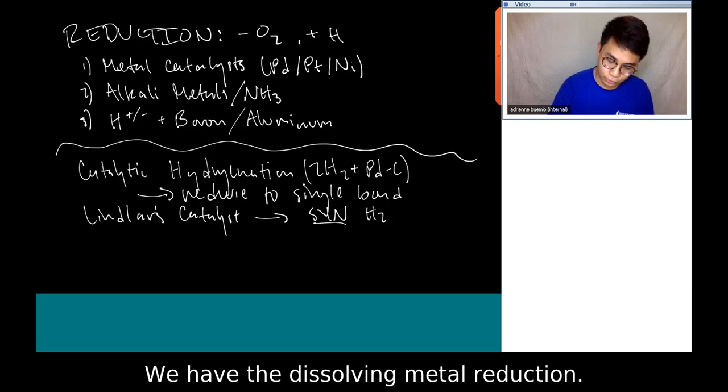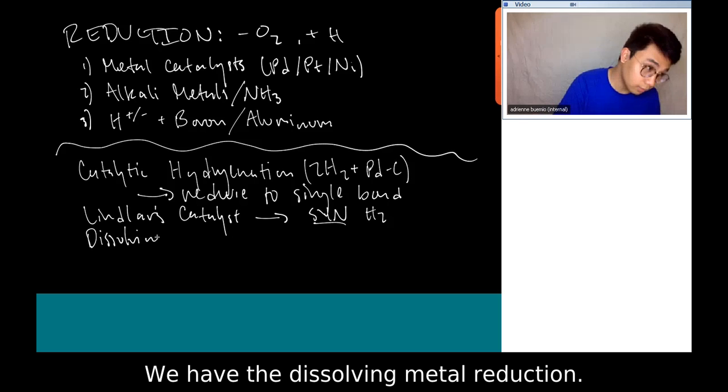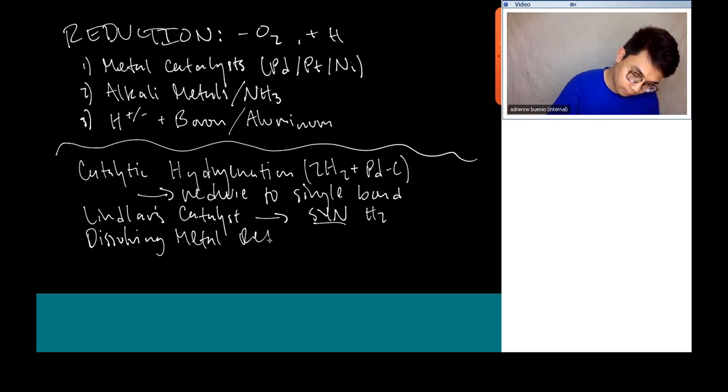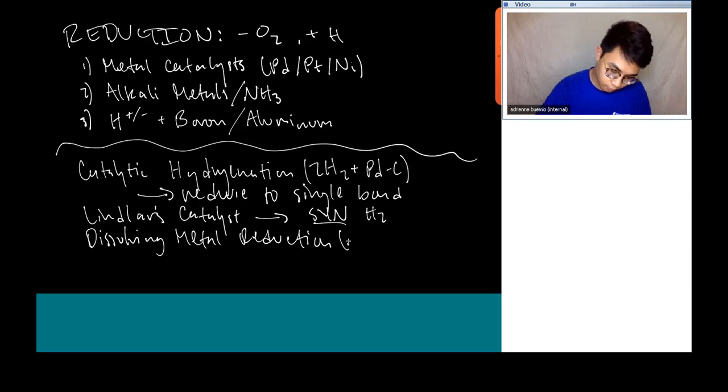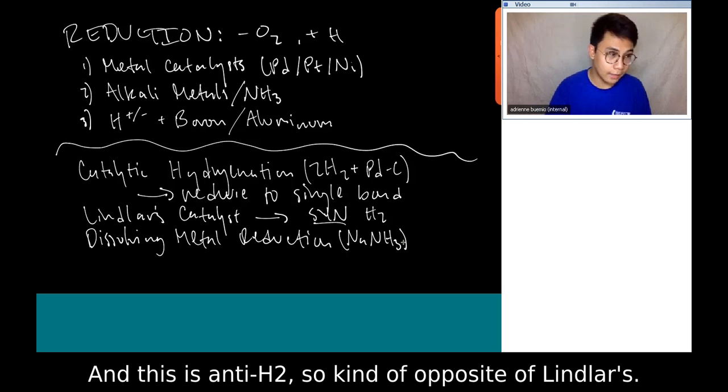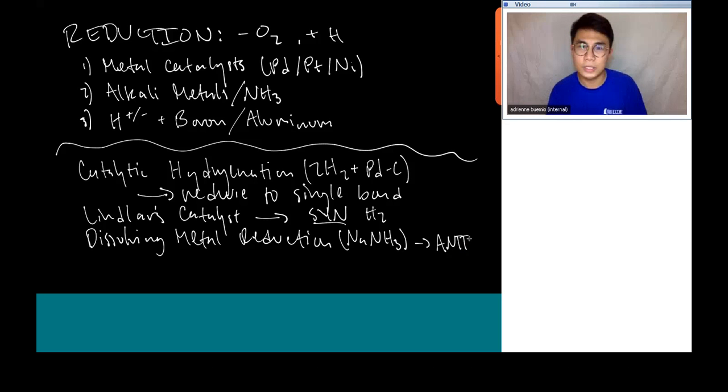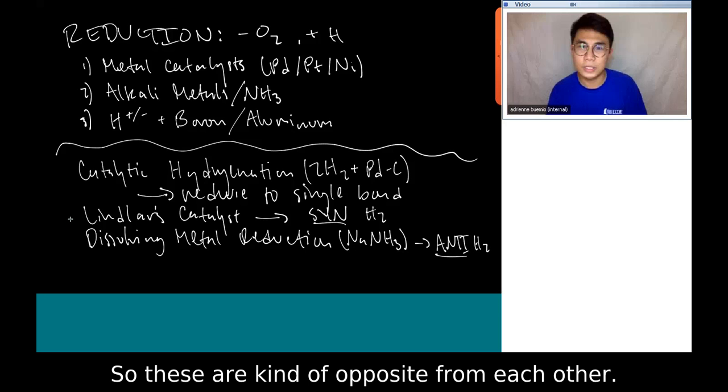We have the dissolving metal reduction. So dissolving metal reduction is going to be Na/NH3, and this is anti H2. So it's kind of the opposite of Lindlar's. Anti H2, right? So these are kind of opposite from each other.